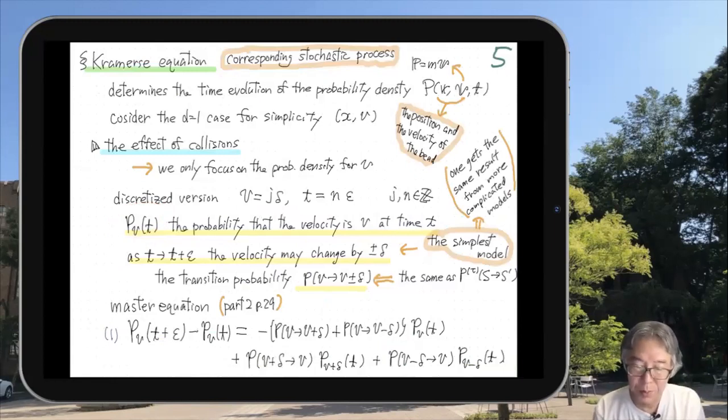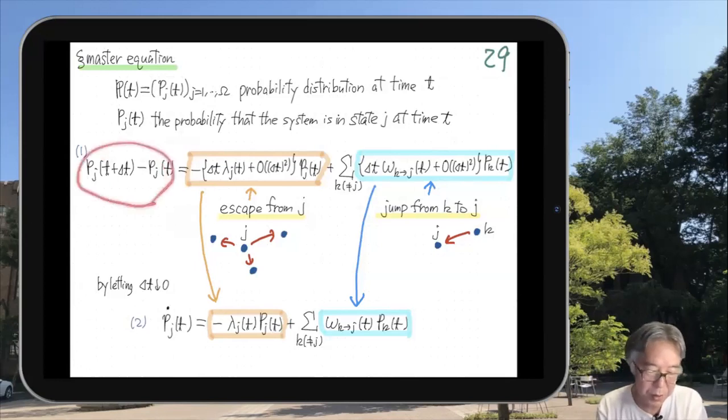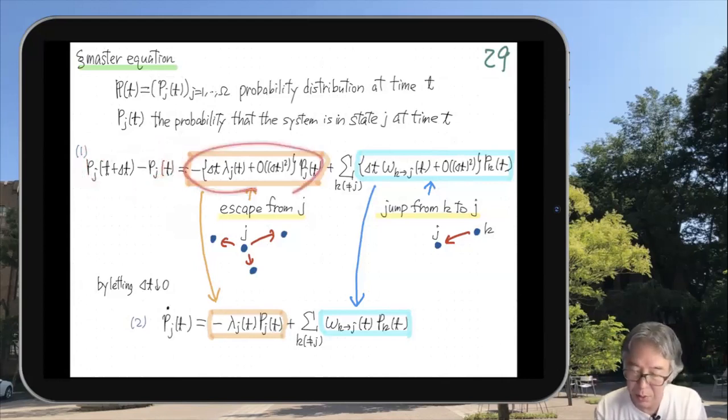So, well, probably this is not necessary, but let's go back to part 2, page 29, where we considered the master equation for a Markov jump process. So this is the beginning of the master equation. Here we consider the change in the probability that the system is at J. And then we argue that this change is given by the sum of two terms.